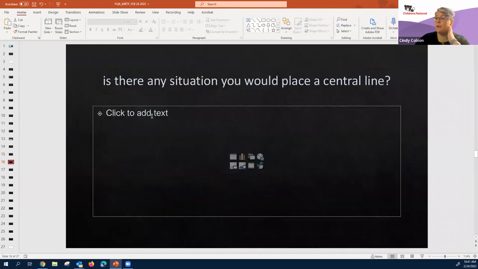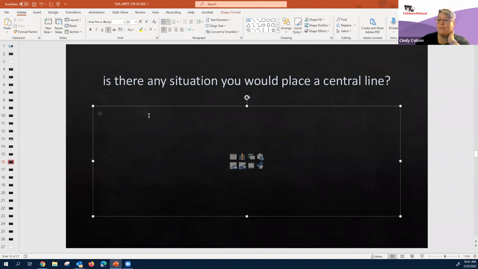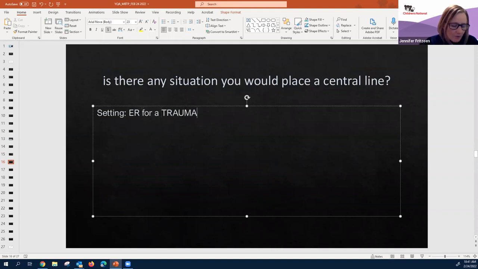Is there any situation where you would place a central line? I think the setting would be the ER. If I couldn't get an IO and I don't have IVs and I have a hemorrhaging patient, the trauma service would prefer that you go with a Cordis catheter.